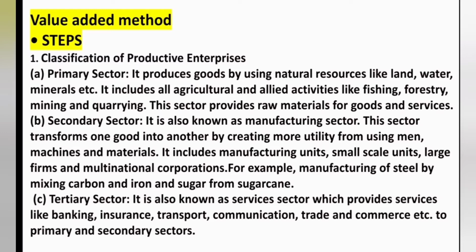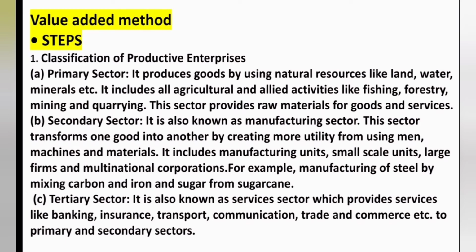Secondary sector is known as manufacturing sector. This sector transforms one good into another by creating more utility by using men, machines and materials. It includes manufacturing units, small scale units, large firms and multinational corporations.